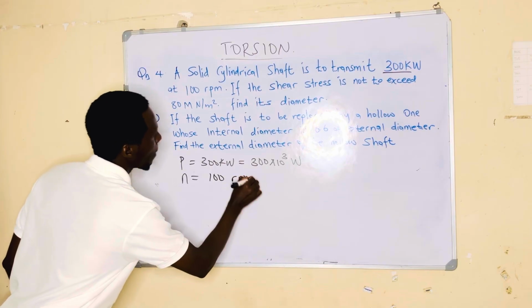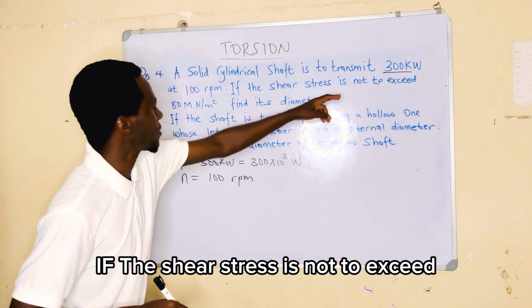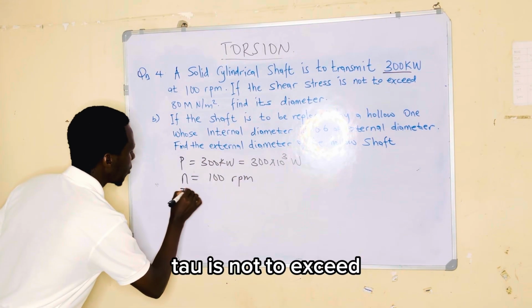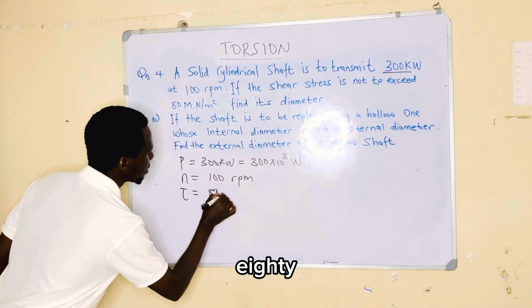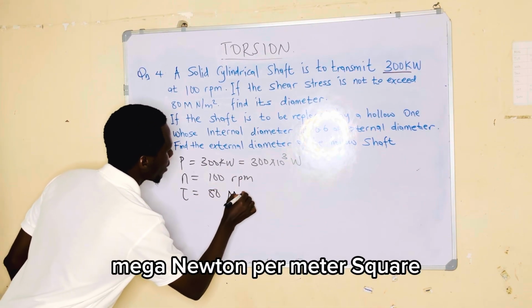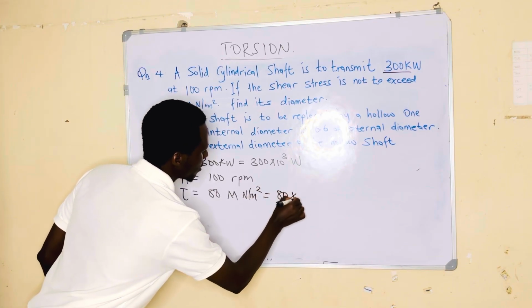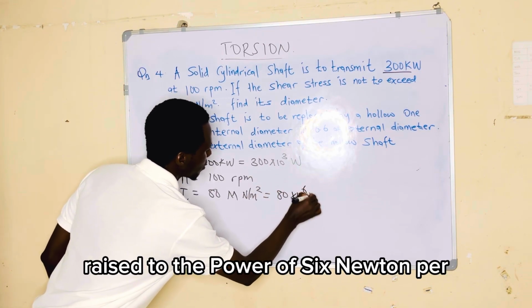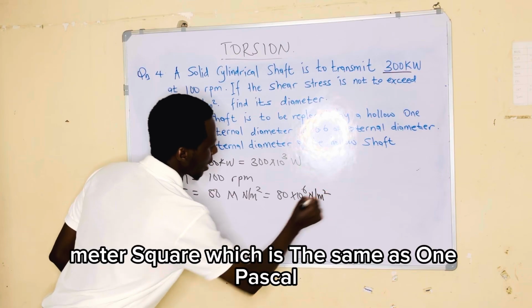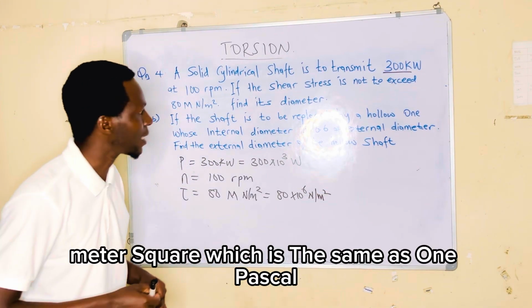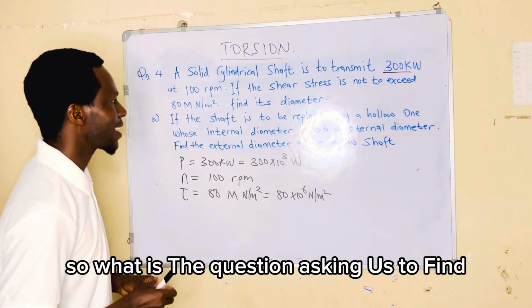If the shear stress, tau, is not to exceed 80 mega Newton per meter square, that means it is 80 times 10 raised to the power 6 Newton per meter square, which is the same as what? Pascal.